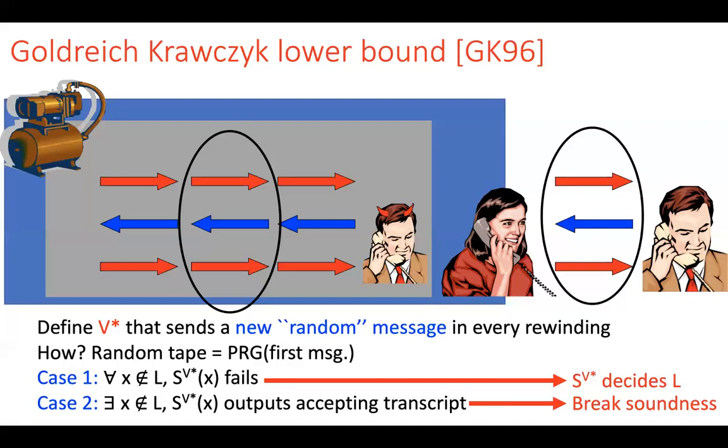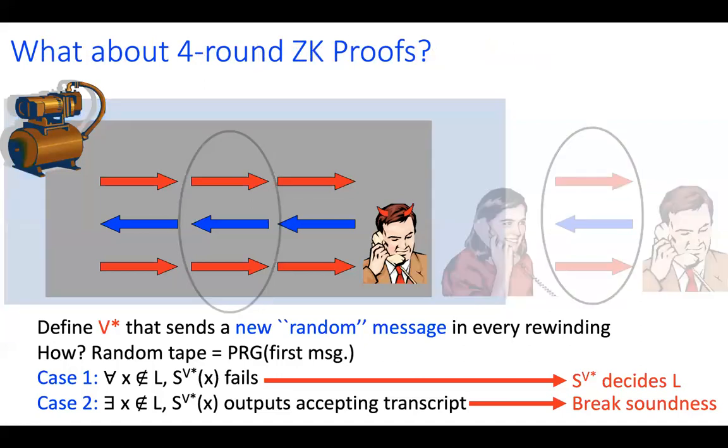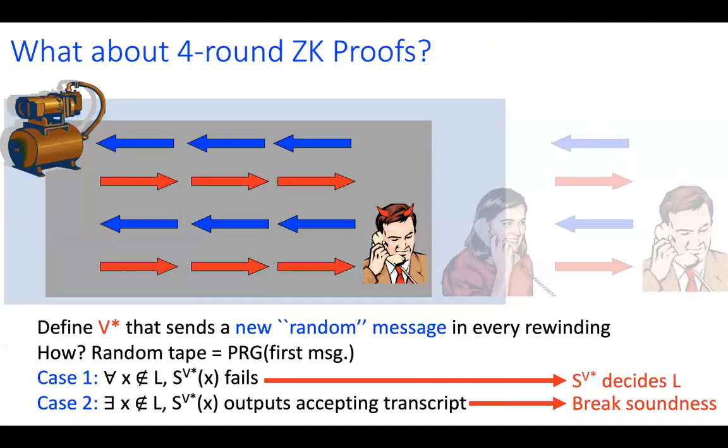So now let's ask what happens to 4-round zero knowledge proofs. If you look at a 4-round protocol, the schema is going to be something like this, where the verifier sends the first message. And once again, the simulator is going to rewind from the third to the second message here.